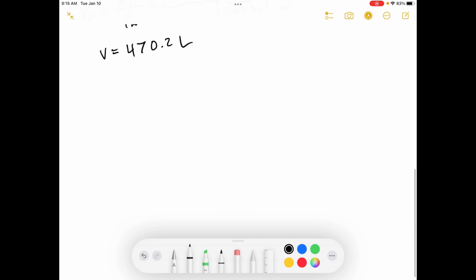So it told us to calculate what the percentage error is. So percentage error is equal to the value, this B, minus the true value divided by the true value times 100%. Okay?